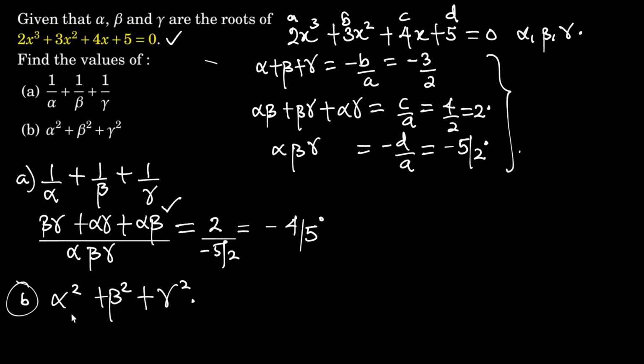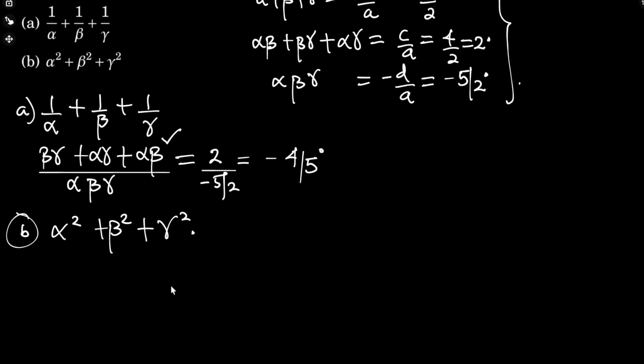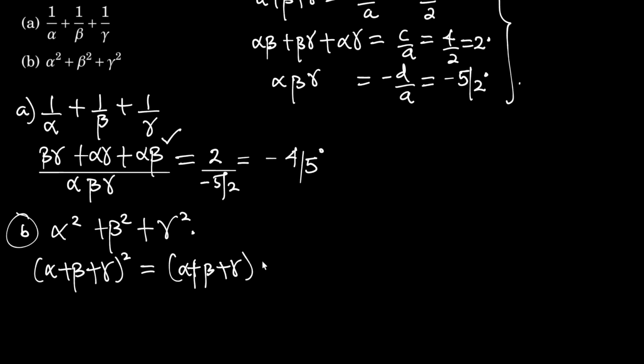So since we need the square of alpha, the square of beta, and the square of gamma, we can start off by squaring the sum of alpha, beta, and gamma. So when we do this, we have alpha plus beta plus gamma times alpha plus beta plus gamma.